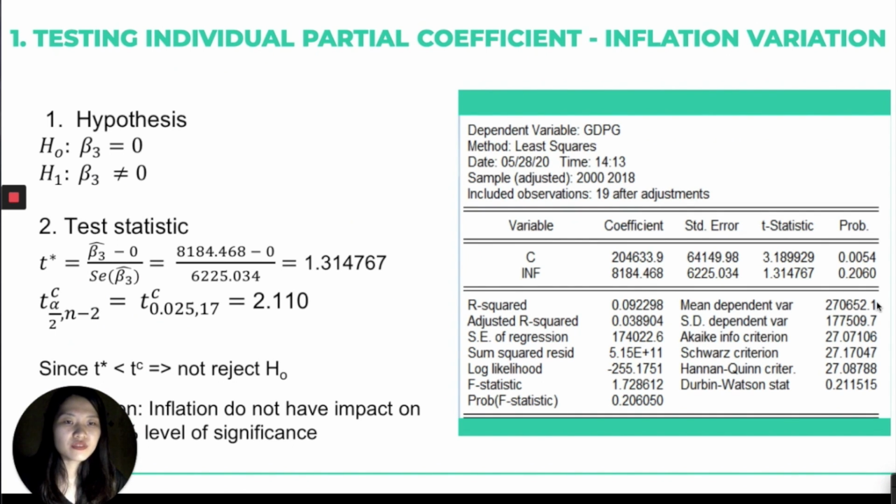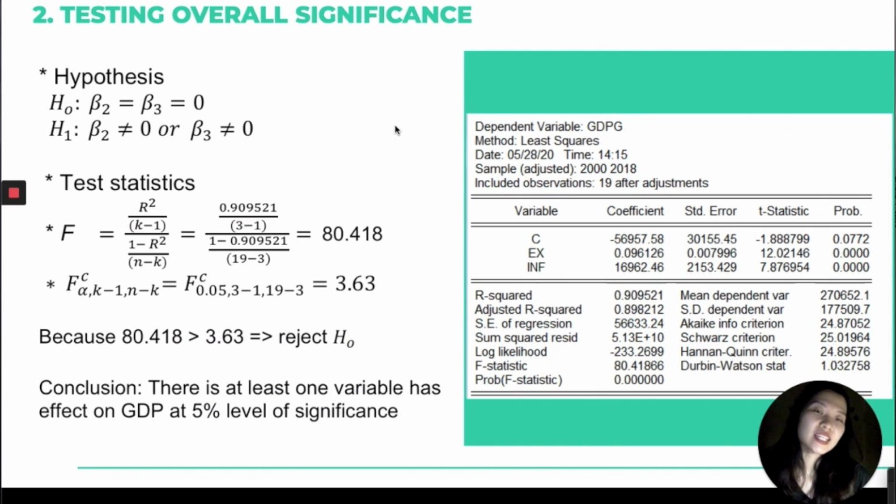For the inflation variable, we perform the same test and find that the T critical is greater than the T statistic, so we do not reject H0, and we can conclude that inflation does not have an impact on GDP. Secondly, we test the overall significance, with the hypothesis being whether all the variables have zero effect or at least one variable has an effect.